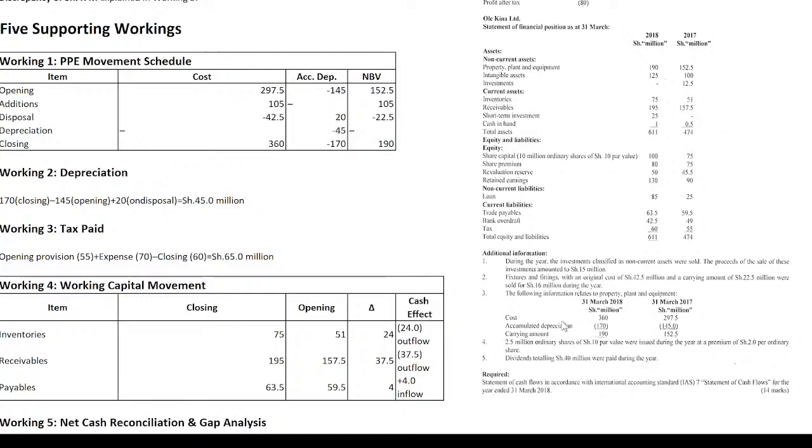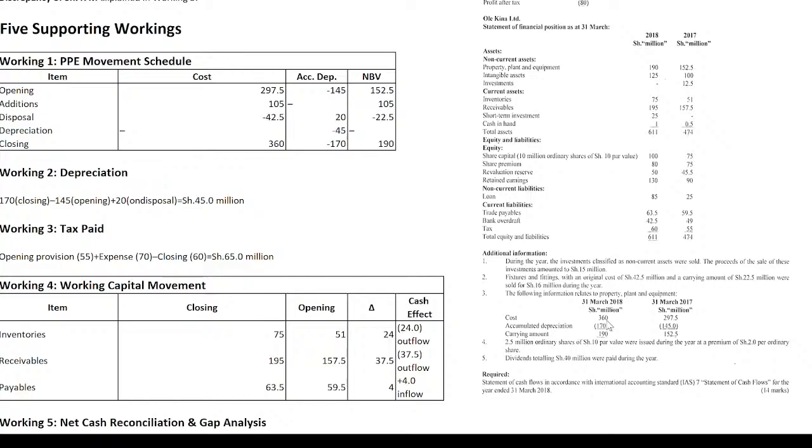From our opening, in 2017 the cost was 297, and then we are told at closing we have 360. So that will be our closing.